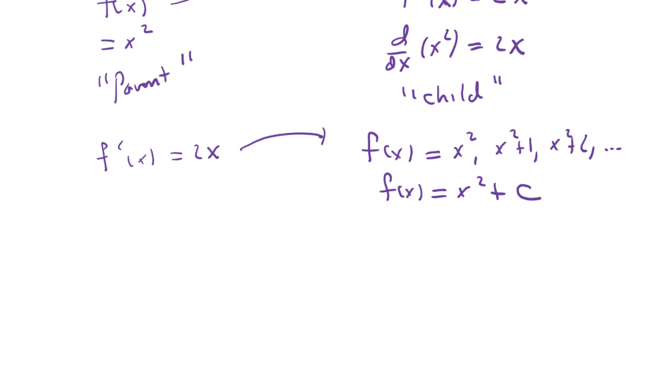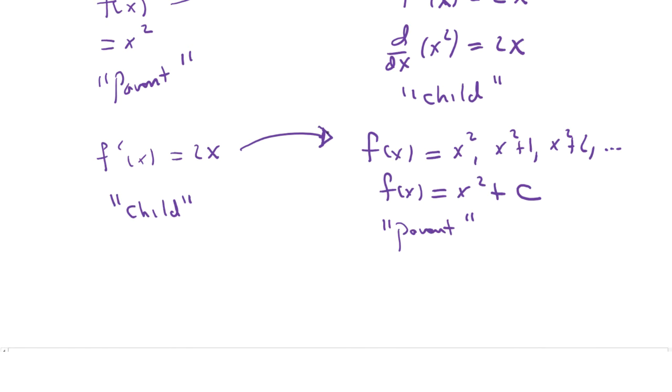So here we have f prime of x as the child, and then f of x as the parent family, or the family of parents. In the context of operators, what operator symbol should we put above our arrow up here to indicate the process of reversing the derivative?